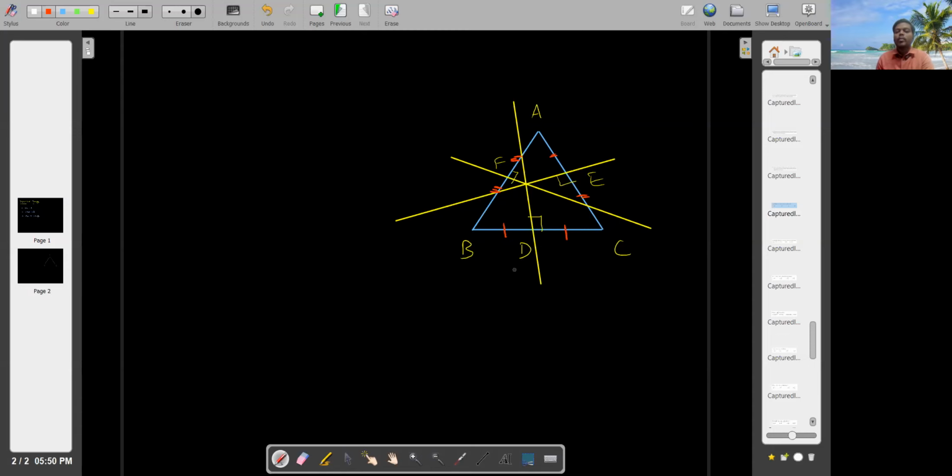Then these three lines are called perpendicular bisectors of sides of the triangle ABC.